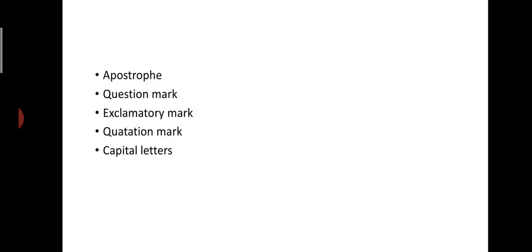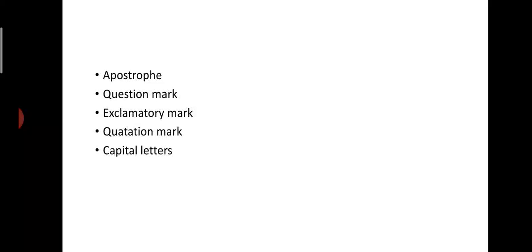Quotation marks, that is two commas, a dot, again two commas. Quotation marks are put before and after direct speech. Also, a comma is put before or after the direct speech. For example, "It's time for the movie," Rita said.